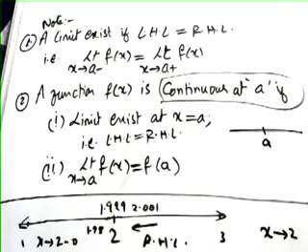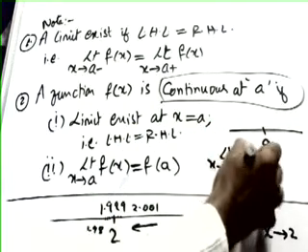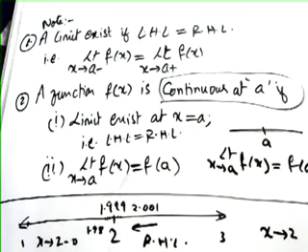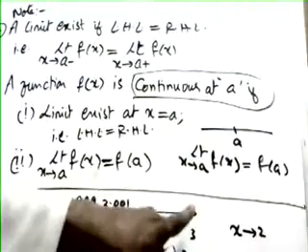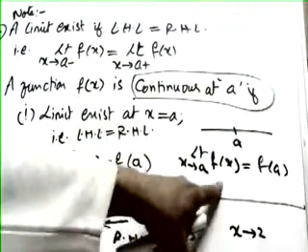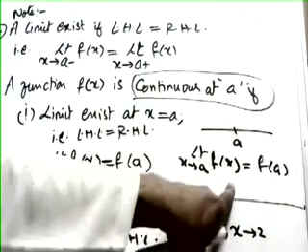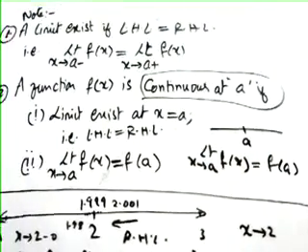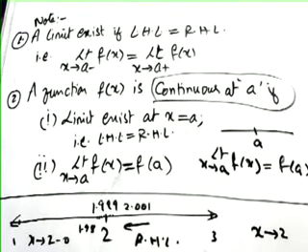Second, the value of limit extends to a f of x and the value of the function at a, that is f of a, these two should be equal. They should exist and should be equal. Then we say the function is continuous at x equals to a.